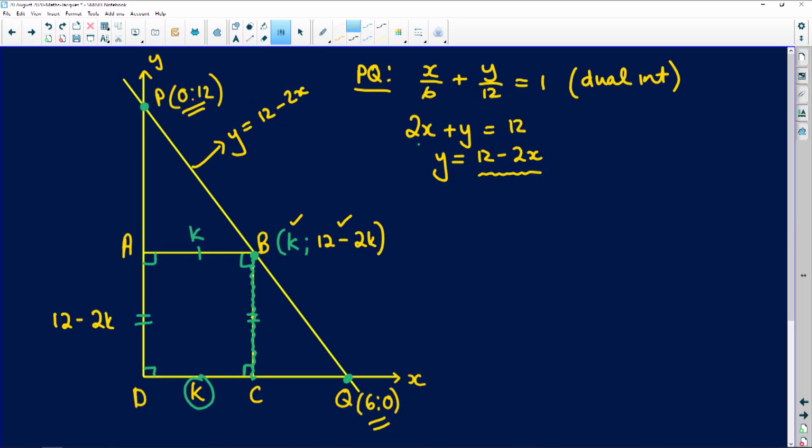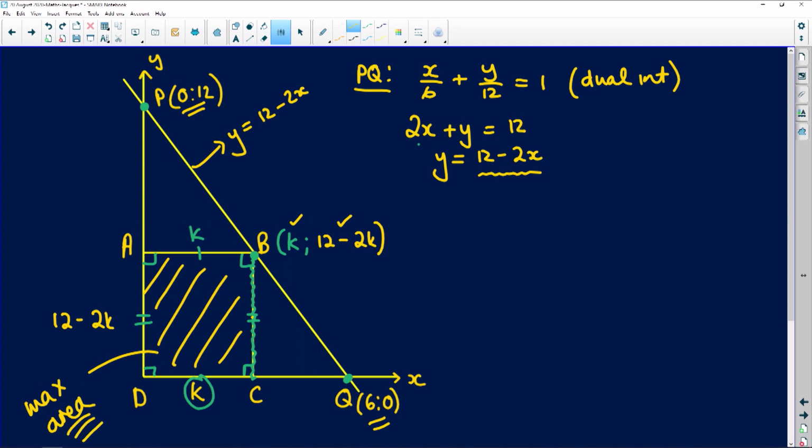9.2 for 5 marks. They say now find the coordinates of B so that this rectangle has a maximum area. So to find the area, we're going to find the area in terms of K, because we have the height of this rectangle and the base here both in terms of K. So it's a simple formula you learned in grade 6 already.